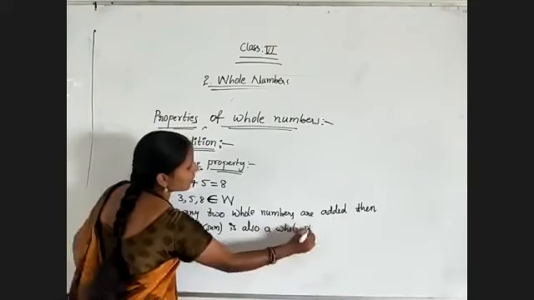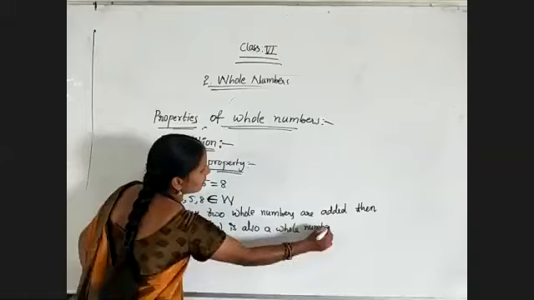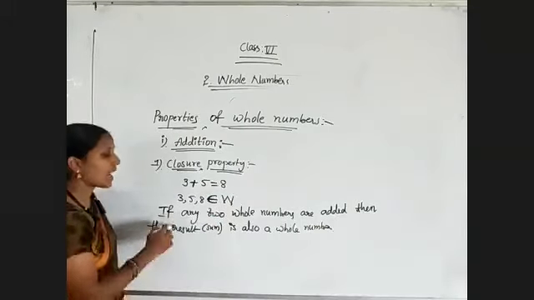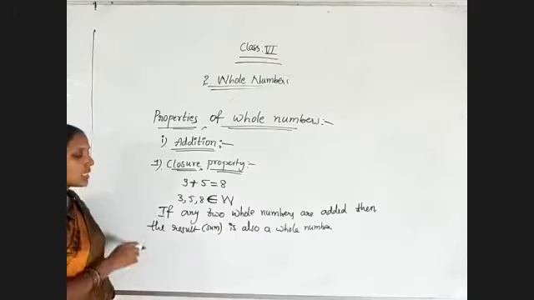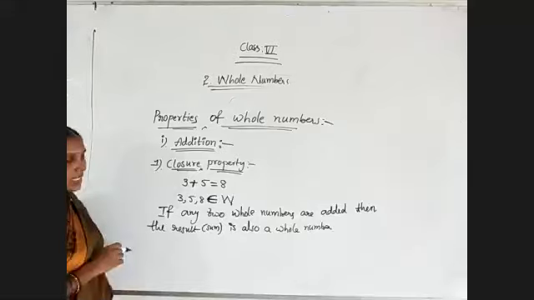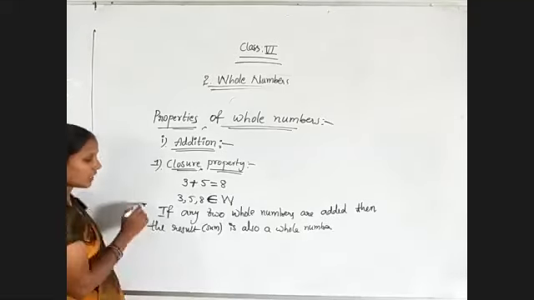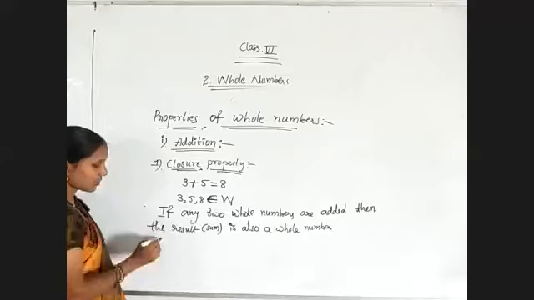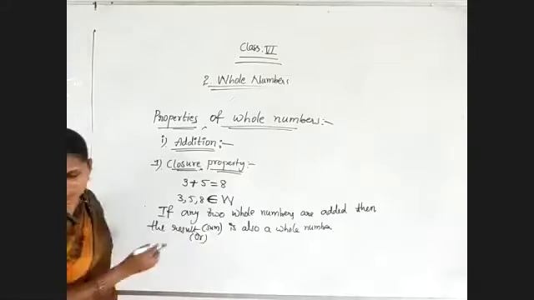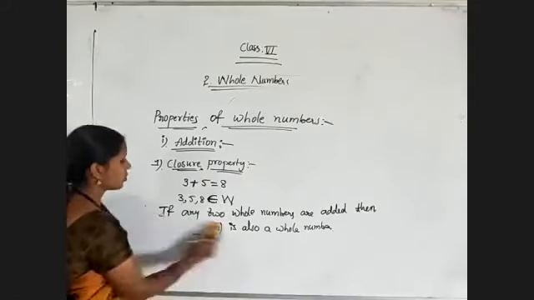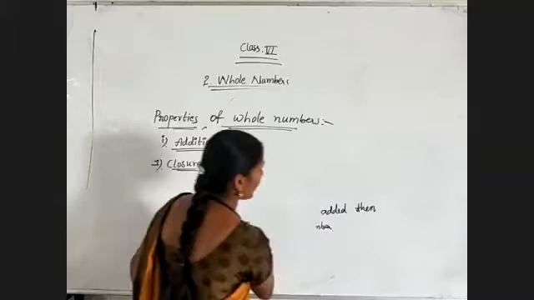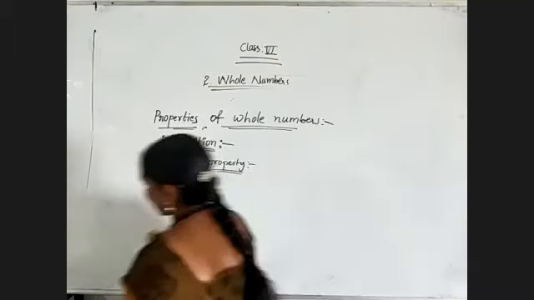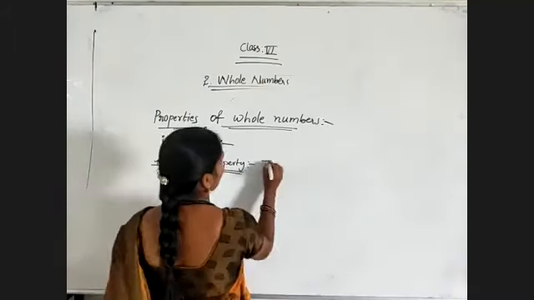Further, whatever example I have just given, that one only. So if we are adding any two whole numbers, the sum is also a whole number. That is the statement. Actually, we will not write in words; we will use symbolic notation. So I will give two statements, in words as well as in symbolic notation. What is the closure property?